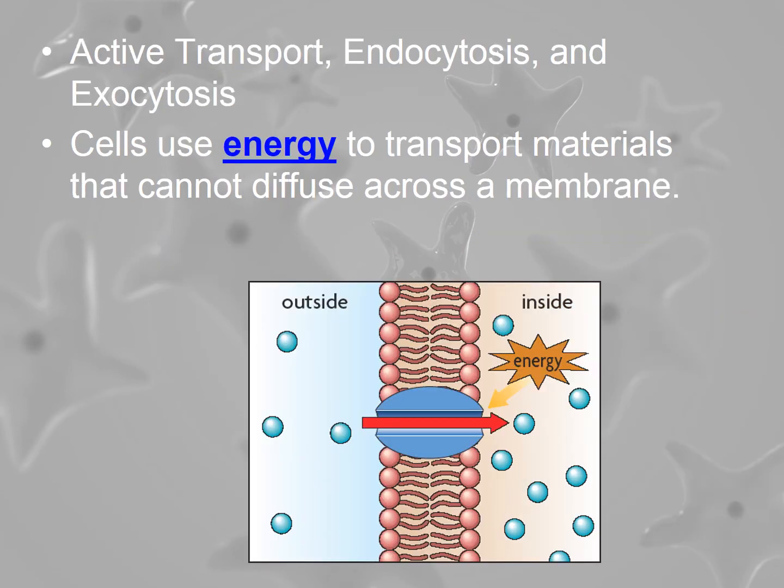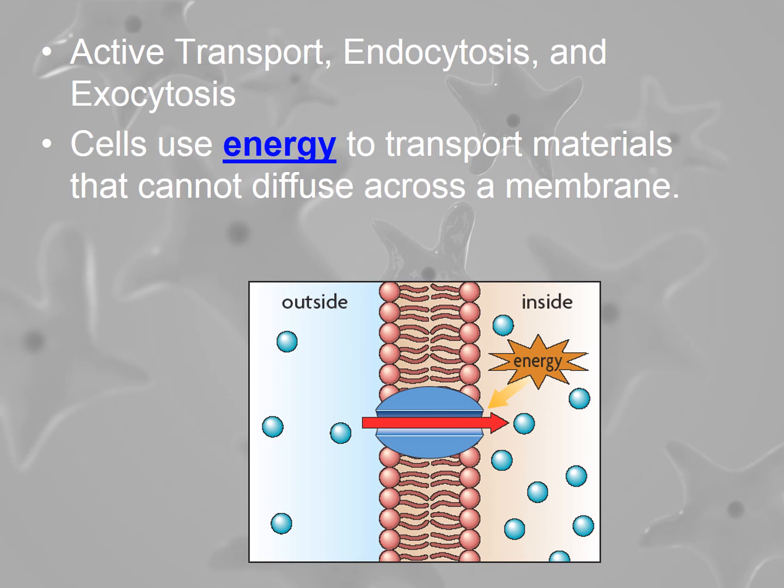And then another type of protein is going to help a little bit more, but it needs energy to do it. There's three types, or actually probably more than that, but we're going to talk about active transport, endocytosis, and exocytosis. All of these processes require energy to move molecules across the membrane. Remember your prefixes and suffixes.